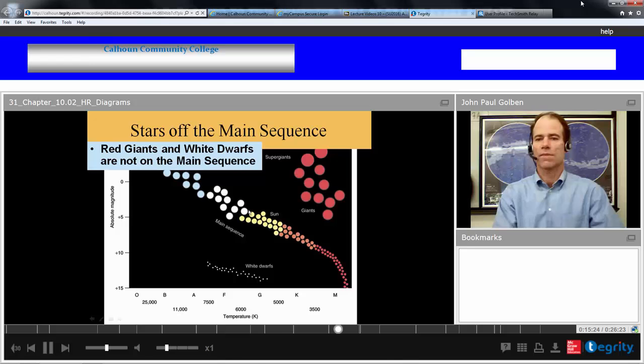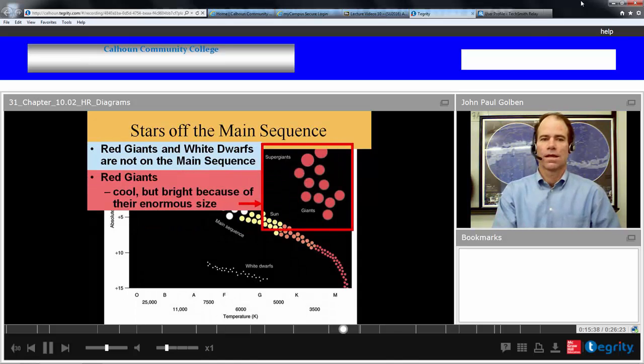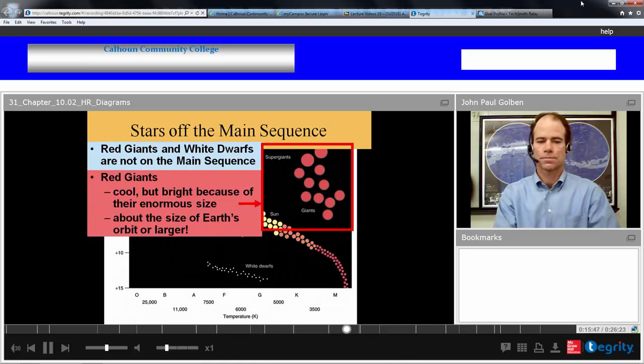And they're off the main sequence because at this point, mainly they're not fusing hydrogen into helium. They're fusing other elements into greater elements on the periodic table. So they're cool, but they're bright because of their enormous size, not because of their temperature. They may be about the size of Earth's orbit or even larger.